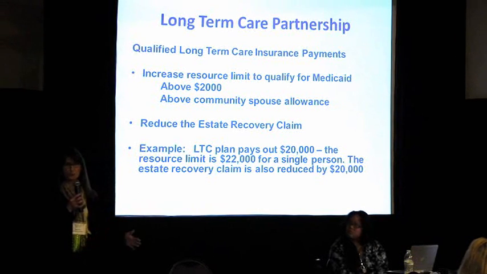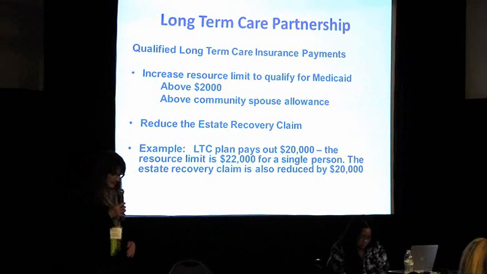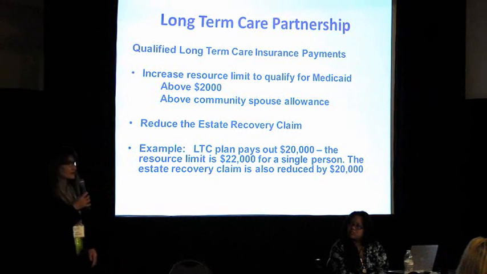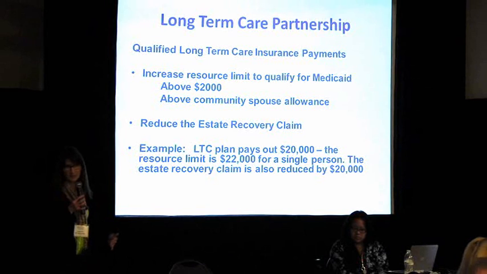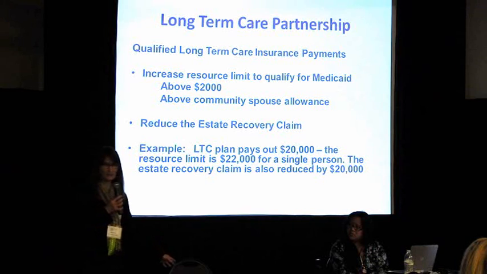That applies to anyone who is single or to married couples. Any long-term care insurance payments that are paid out count. For example, if you have a long-term care plan that pays out $20,000, your resource limit to qualify for Medicaid is then $22,000, but also your estate recovery claim is reduced by $20,000. Like I said, we don't see a lot of people take advantage of that.